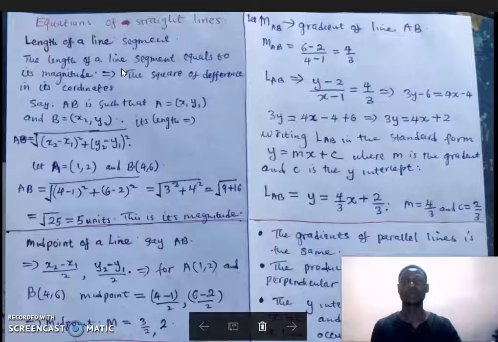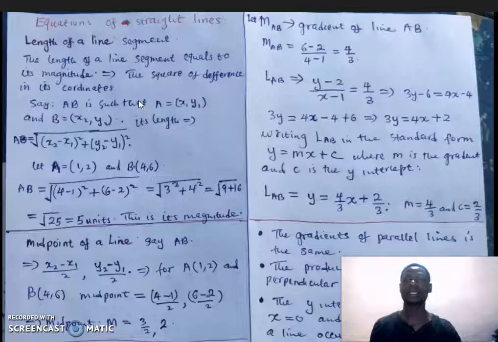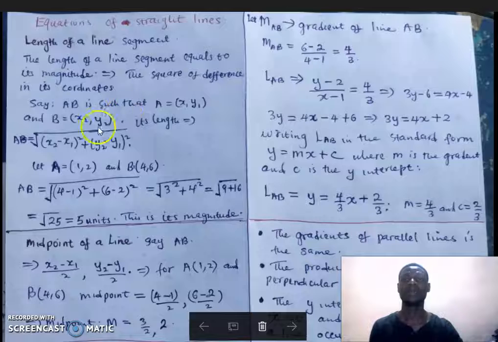To get that length, we take the coordinates at the ending point, x2 and y2, and subtract the coordinates at the starting point, x1 and y1. We subtract them like this: x2 minus x1, squared, added to y2 minus y1, squared.